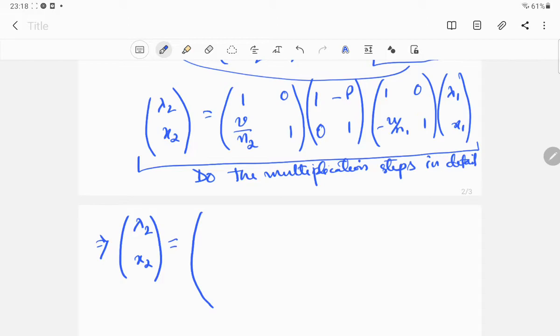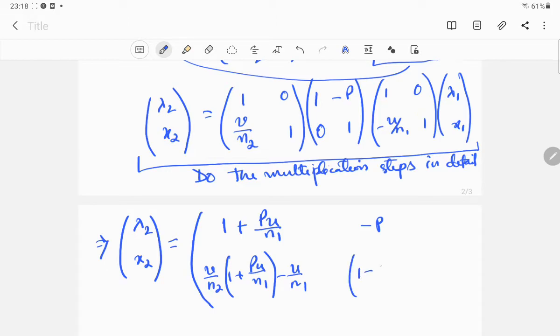So if you multiply them, it will come out to be 1 plus pu by n1 minus p, then v by n2, 1 plus pu by n1 minus u by n1, 1 minus vp by n2. Okay, and it goes like lambda 1 x1.